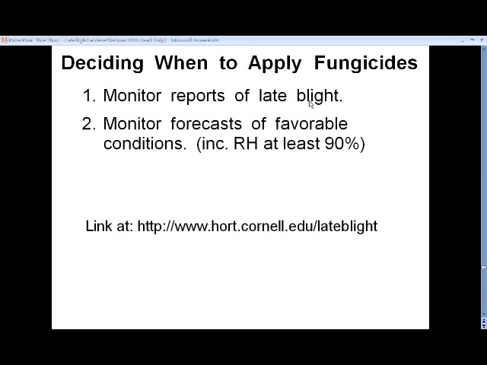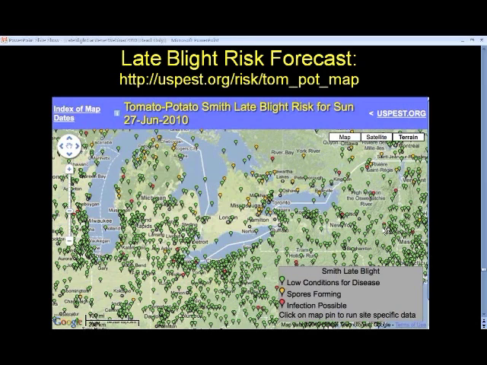So after looking to see if there's reports in your area and the pathogen's present, the next thing you want to know is, are conditions favorable for late blight? Rain provides very favorable conditions, but also high humidity can be enough with this pathogen. There is a forecasting site, and I have it linked at my website. And here is that forecasting website that you can go to, and this is just for the northeastern U.S. There's another forecasting system that's occurring up in Maine.